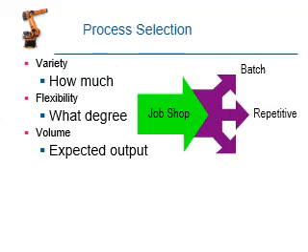There are four types of production systems: job shop production, batch, repetitive, and continuous production. What is job shop production? If you have a company, based on the customer order, we manufacture the components.